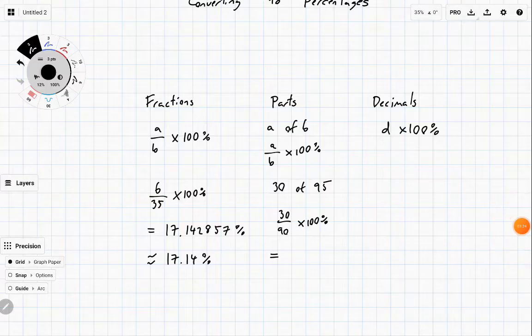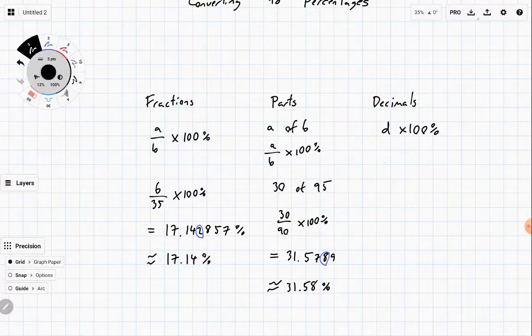And in this particular case, we're going to get 31.5789. I'll go to 4 decimal places for the minute. And then when I round it, you'll notice that 31.5, and then the 7's going to round up because the next digit's an 8. In the previous one, we rounded down because the next digit was a 2. And in this case, we're going to be rounding up. So we're going to get 31.58%.